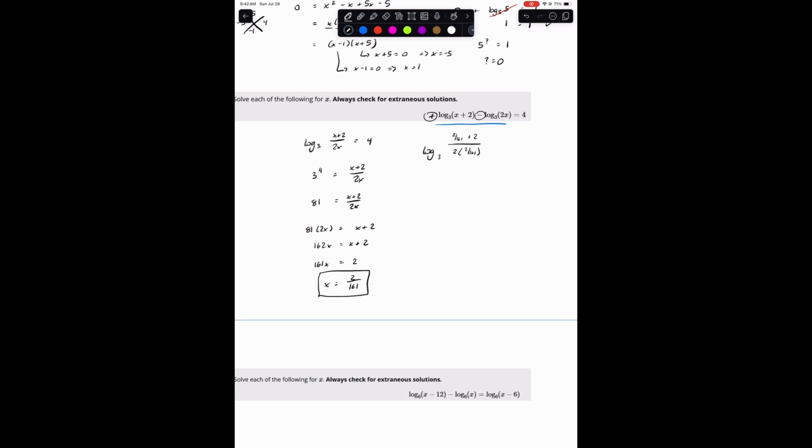So we're going to check the fraction here. We have 2 over 161 plus 2 times 161 over 161, and it's all over 4 over 161.